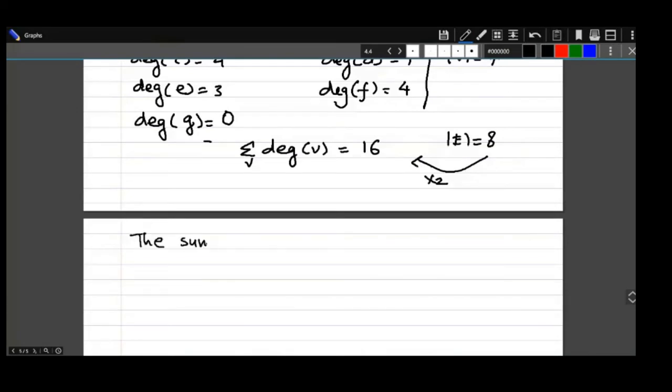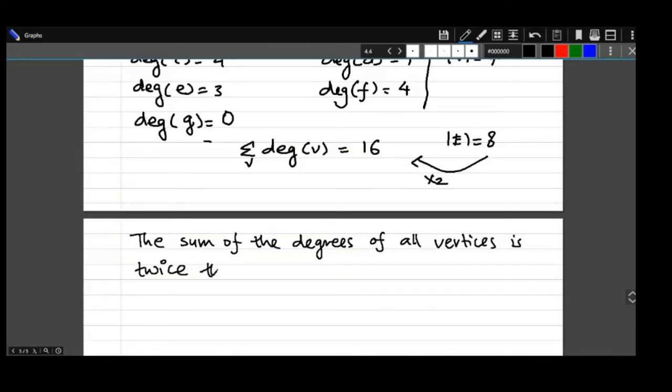The sum of the degrees of all vertices is twice the number of edges present in the graph.